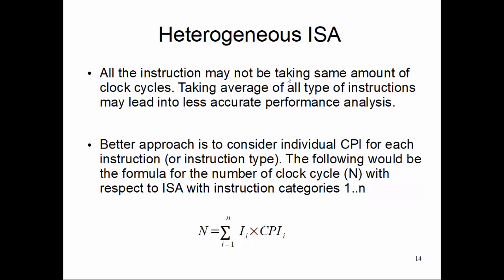Even in some systems, if they vary a little bit from each other, then probably on average it's okay, right? But in a real system, not all the instructions will be executed in the same number of cycles or a similar number of cycles, like maybe 5, 6, 7, that kind of thing. They can probably vary a lot depending on what type of instruction I'm executing in the system, right?